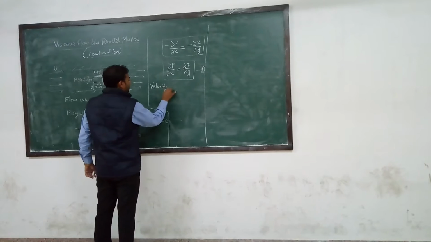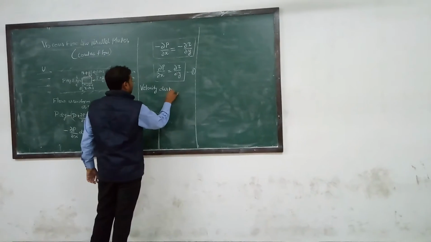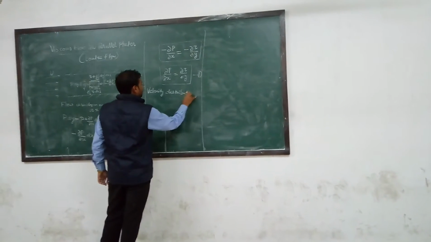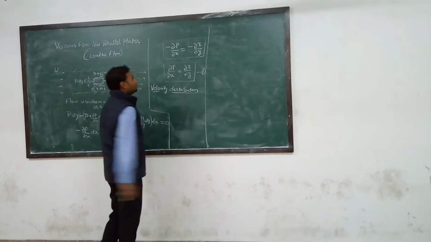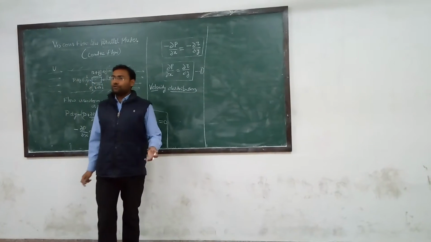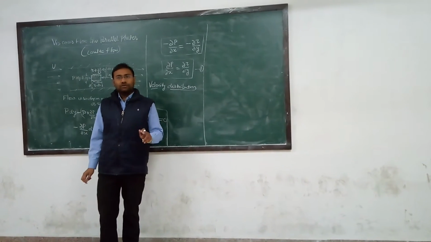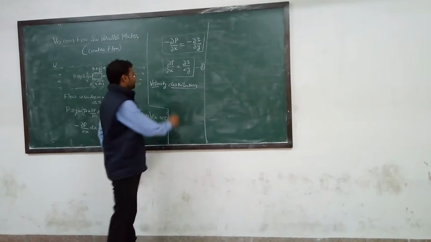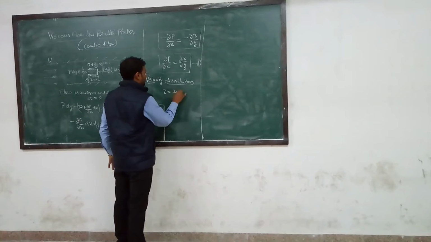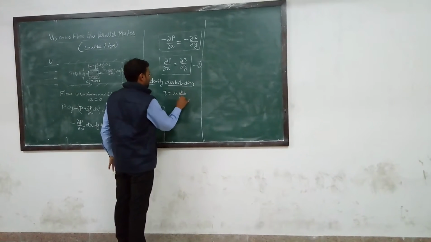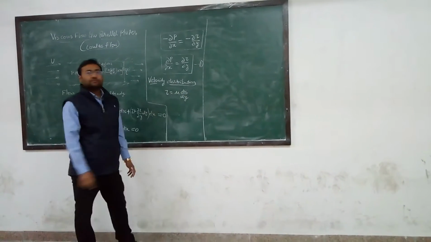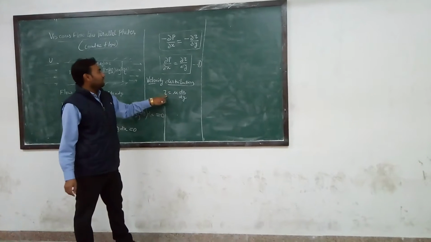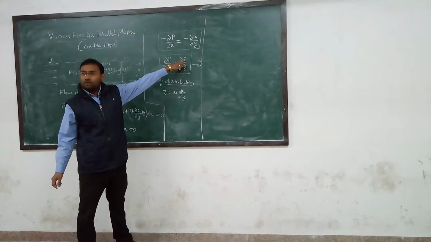Now I want to calculate the velocity distribution. So to calculate the velocity distribution, from Newton's law of viscosity, we know tau is equal to mu du over dy. Just substitute the value of tau in equation number 1.